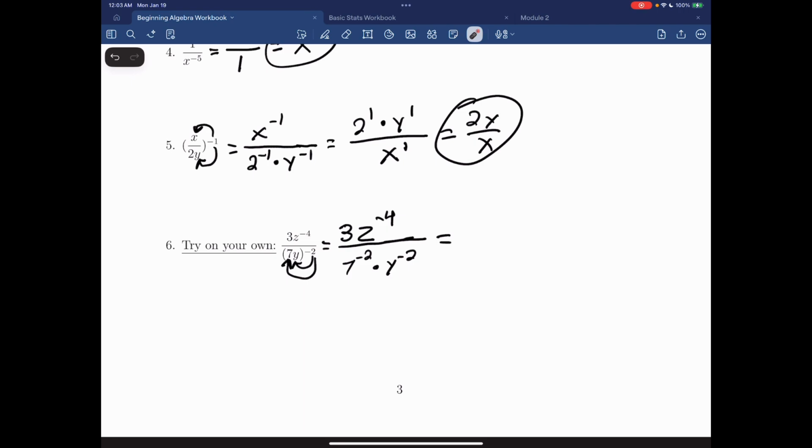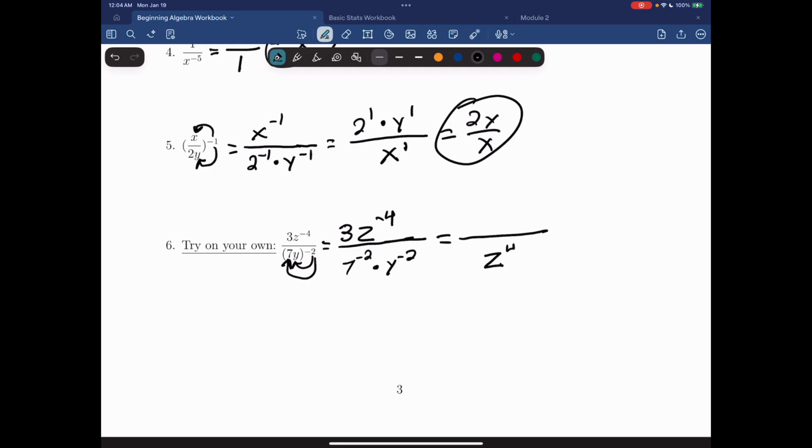Now that we've distributed in that negative 2, our next step is to make our exponents positive by using the rules that we've learned. So to make this negative 4 a positive exponent, I'm going to bring that down to the denominator. So we're going to have z to the 4th.